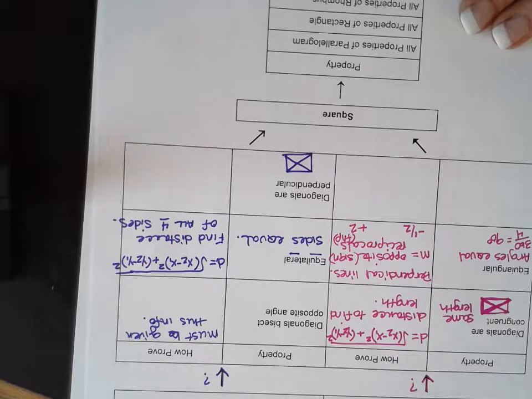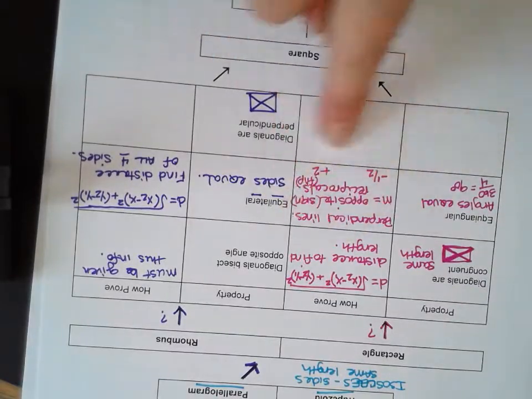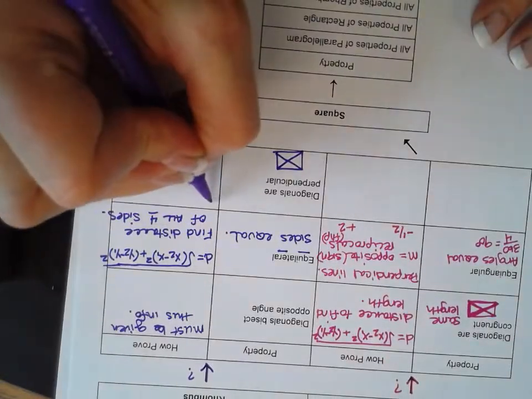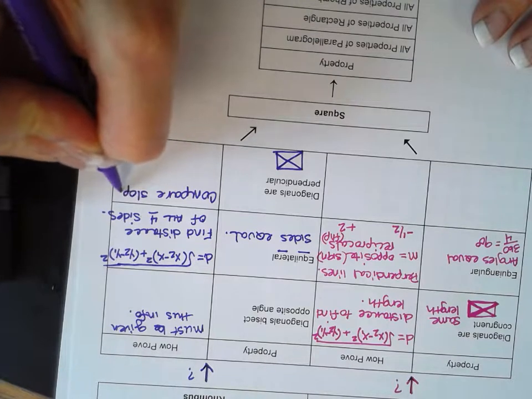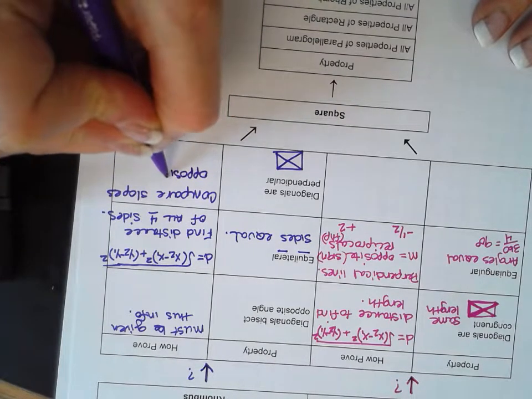How do I tell if anything's perpendicular? What am I going to look at? The right angle. What am I going to do? Look at your slopes. Yeah. Okay, so compare the slopes, and they have to be opposite reciprocals.